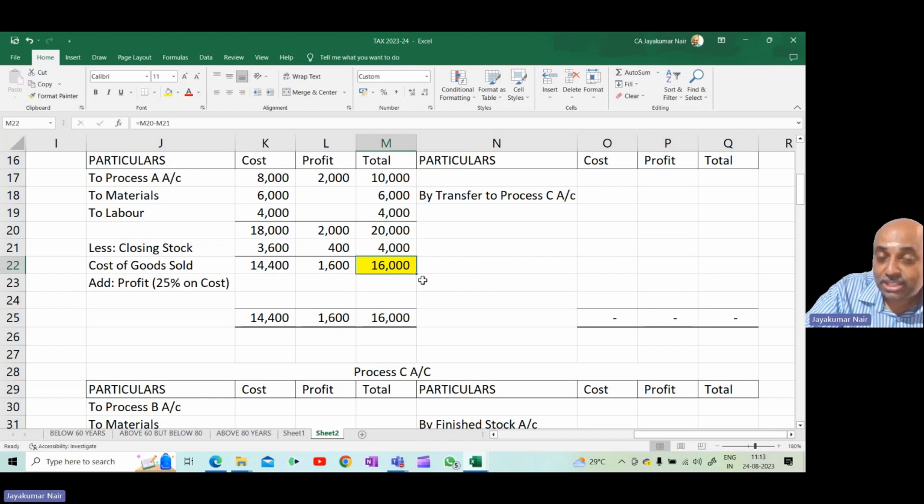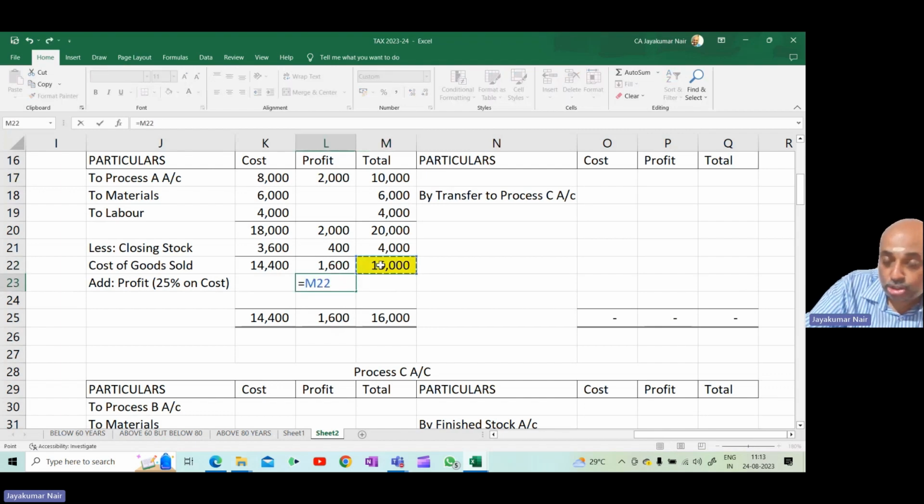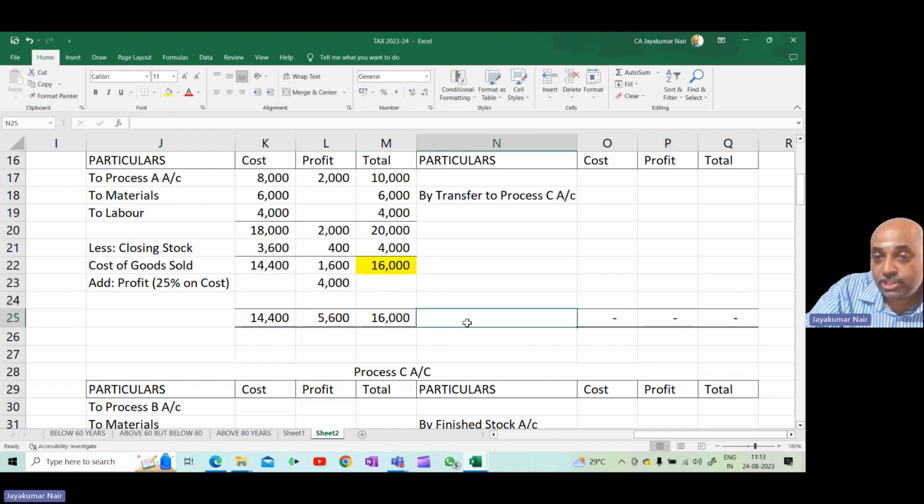You know that it transfers the goods to the next process at the loaded price. And what is the loaded price? It is 25% on cost. So what is the cost to this particular process? It is 16,000. So 16,000 into 25%. So this is the loaded price.